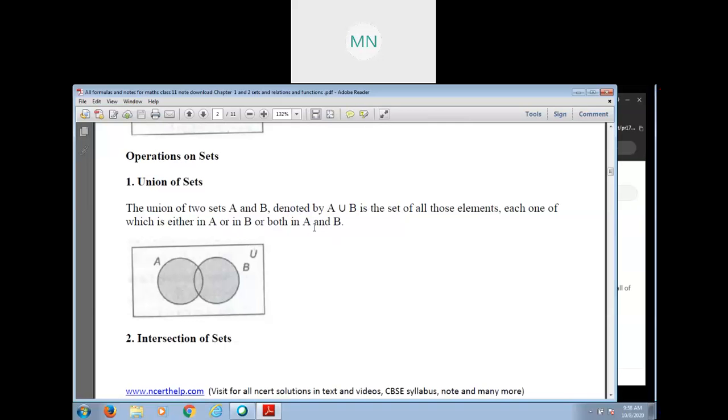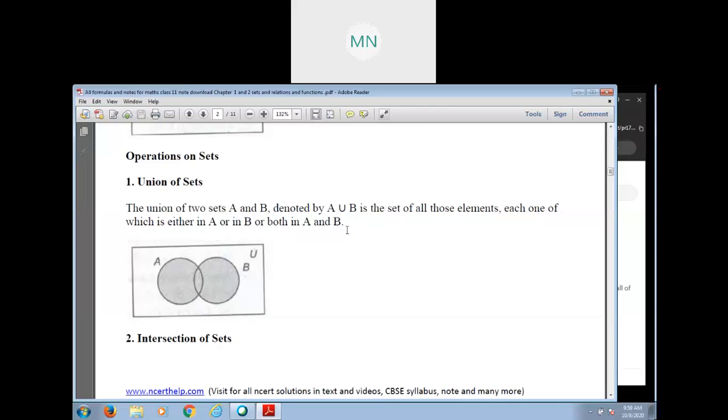So all this part will come in A union B, and this part is the common part of A and B, which contains the elements that are in both A and B. So this indicates the union of A and B.